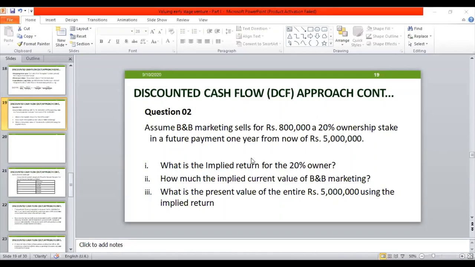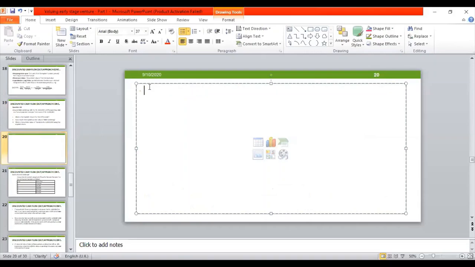So how do we calculate the implied return? It's a simple calculation. If we have 20% ownership of this 5 million, what is the value of the investment after 1 year?